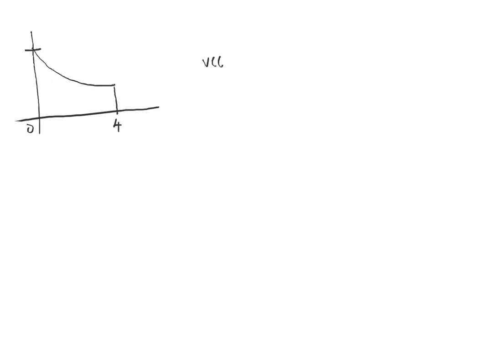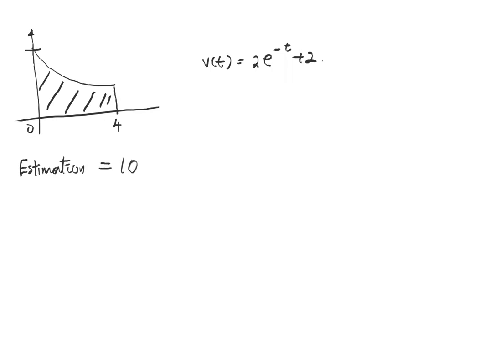Okay, VT is equal to 2e to the power negative t plus 2. Okay, so now give me an estimation, please. Yes, 8, 10. Okay, how do you get 10? So your friend gives the estimation of this area, equal to 10. Okay, tell me how you get 10.